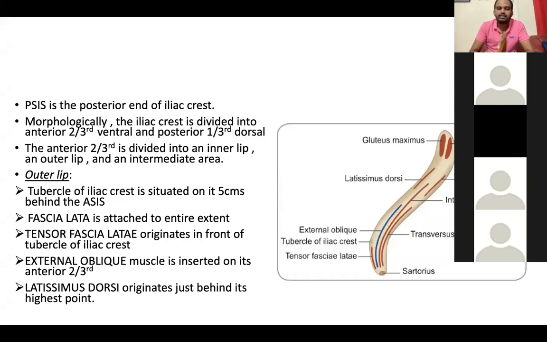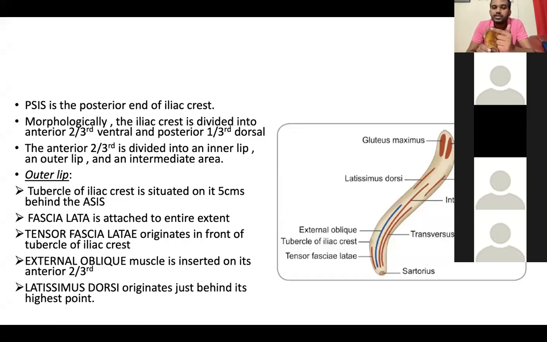Not only that, this entire extent of the outer lip gives attachment to the fascia lata. We call it lata, L-A-T-A. Fascia lata. Then tensor fascia latae is a muscle which takes origin in front of the iliac tubercle.